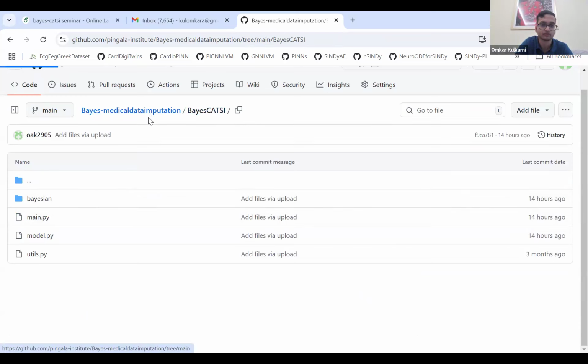And the code for partial Bayes-CATSI has been arranged in a similar way.